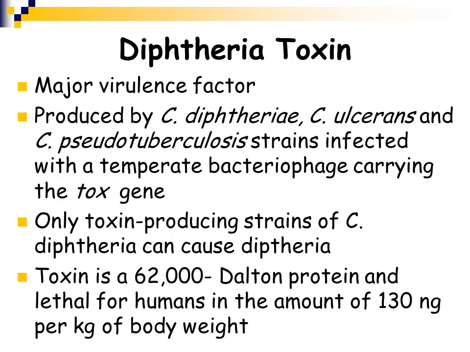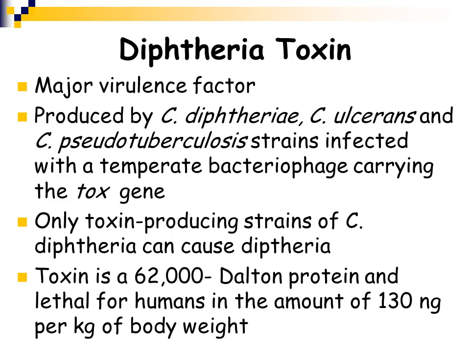Only Corynebacterium diphtheriae strains that can produce this diphtheria toxin are able to cause the disease diphtheria. So you can carry a Corynebacterium diphtheriae organism that is not a toxin producer, and that organism would never be able to cause the disease diphtheria.